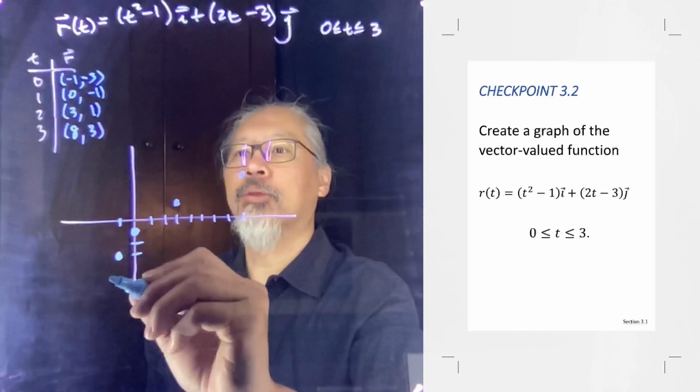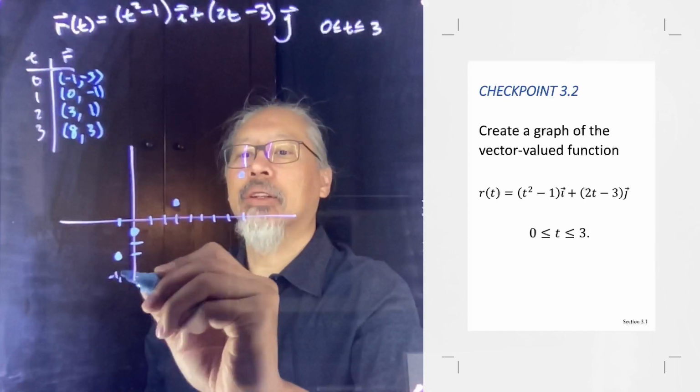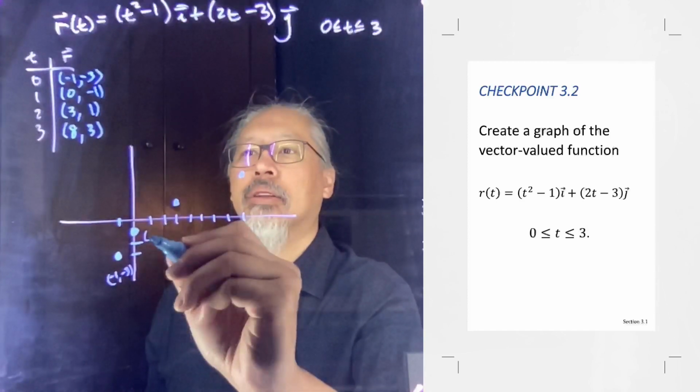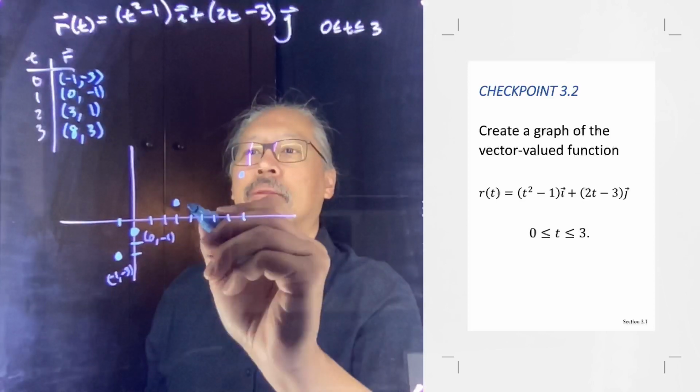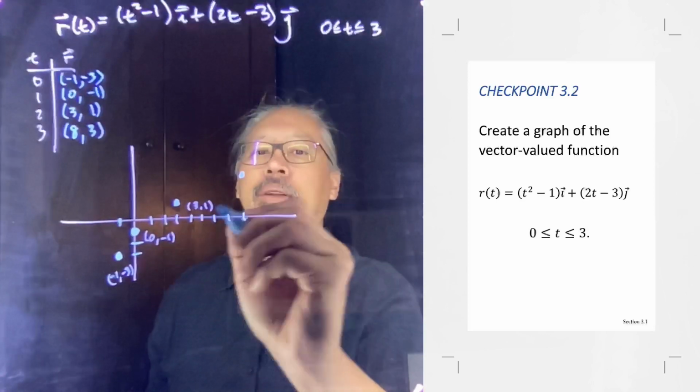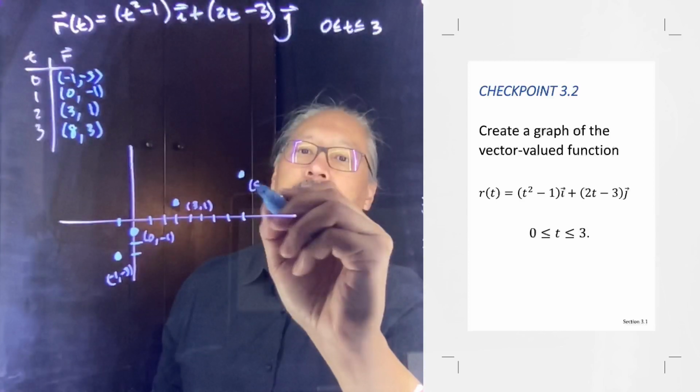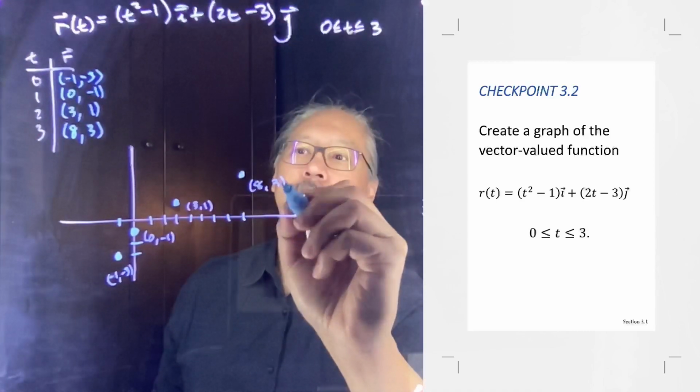Okay, we can label these points: -1 comma -3, 0 comma -1, 3 comma 1, and 8 comma 3.